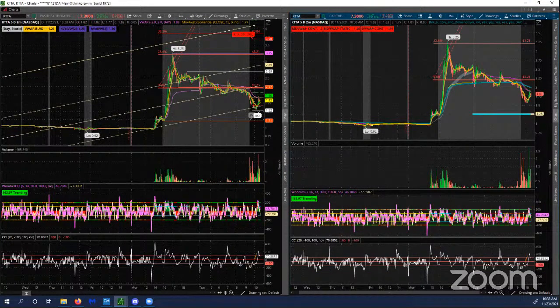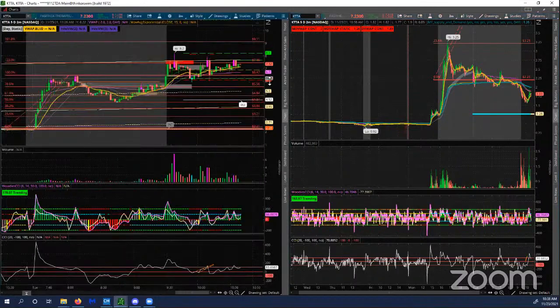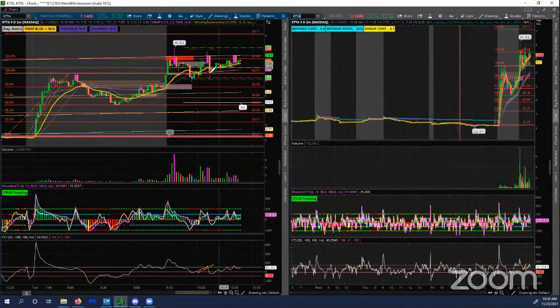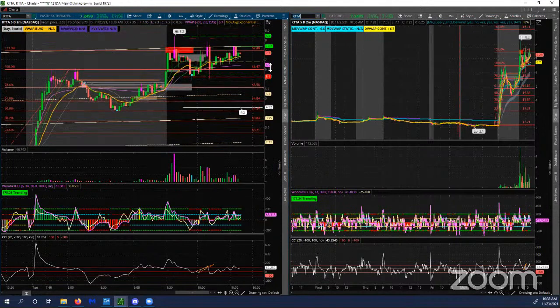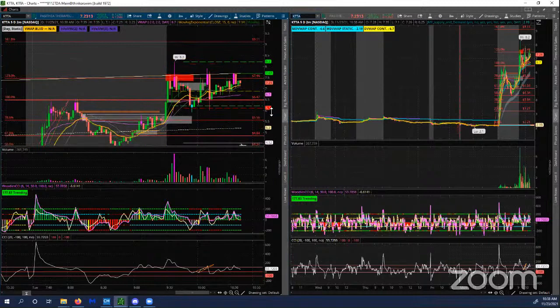Man, KTTA is ridiculous. Just grinding on that 15 EMA. 1, 2, 3, 4. If this candle closes here, look for it to drop.